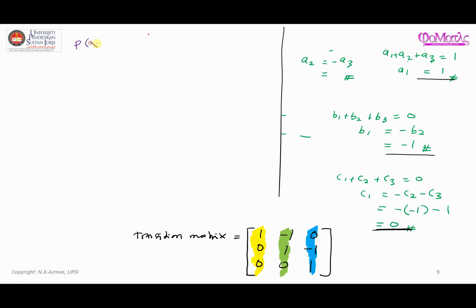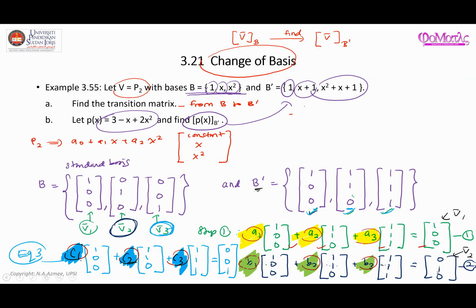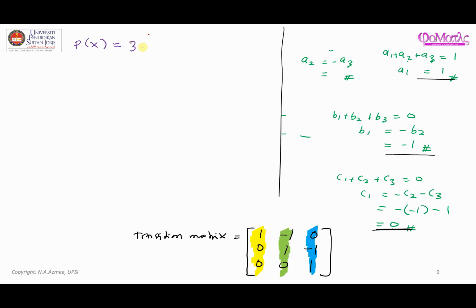It gives you px is 3 minus x plus 2x squared. And that is px. Now we can consider that as the usual vector notation would look like this: 3, negative 1 and 2.